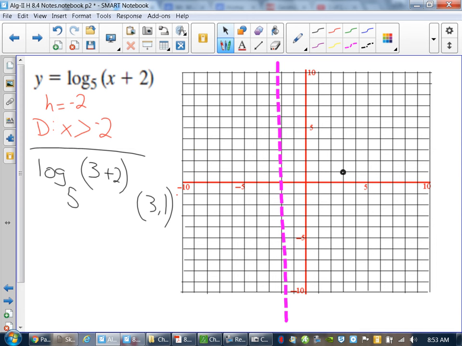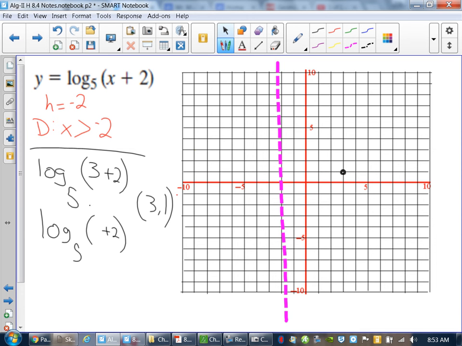I did this one. It's supposed to look like this. We'll do the same idea. How do I make log base 5 of something plus 2, how do I make this in parentheses equal to 1?